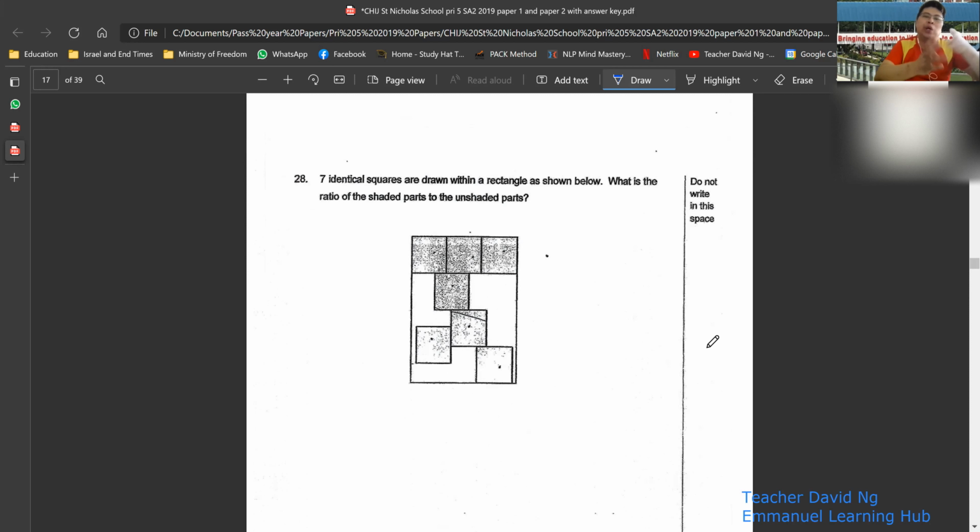And what makes you so sure the unshaded part is 5 squares? That's the question I have. Because the unshaded parts, when I count, is 5. I drew the boxes that are the same. So you actually drew out the boxes.